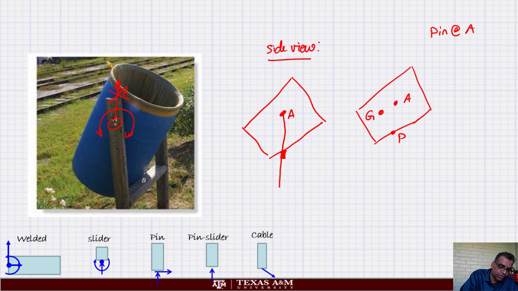This is not allowed. This is not allowed. Right? So it's a pin joint. So I'm going to put FAY, FAX. What about at point B? It looks as if there's something that's a blunt thing contacting a surface. That's what this point looks like.